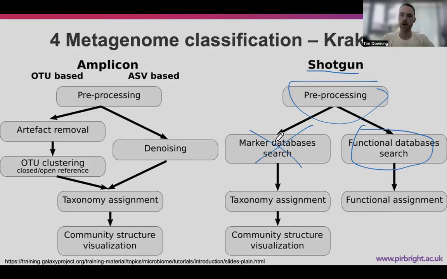So the absence of marker genes means that this taxonomy assignment is more tricky, and therefore we can use things like Kraken 2, which is just one of many tools. Amplicon-based sequencing can use OTUs, so that's operational taxonomic units, or ASVs, which are basically SNPs, and that can also be used in this process as well.